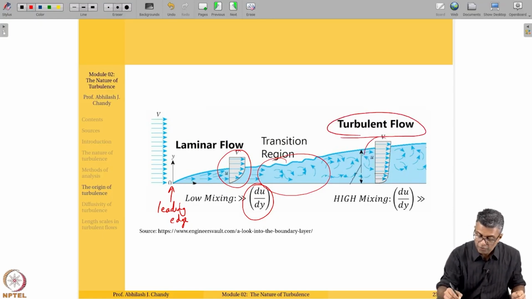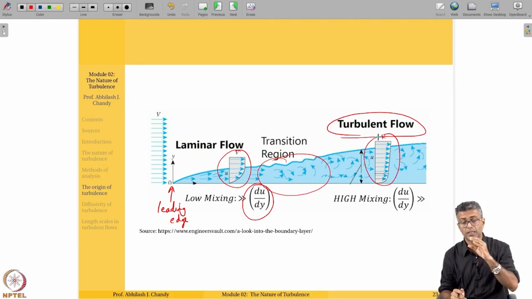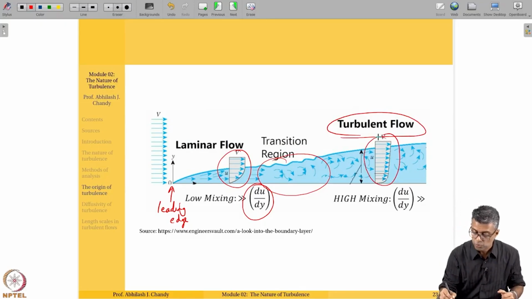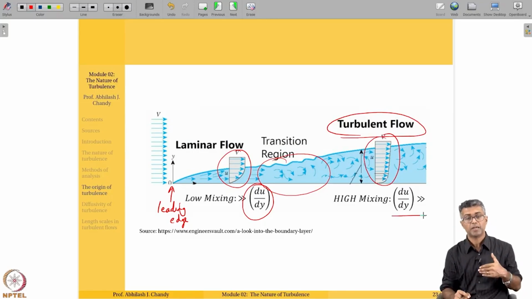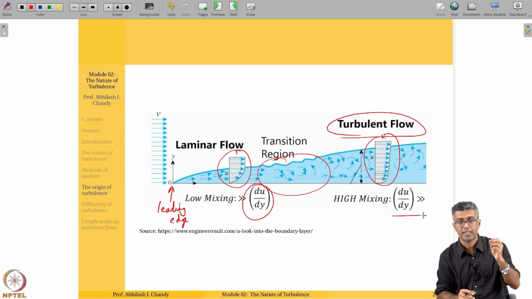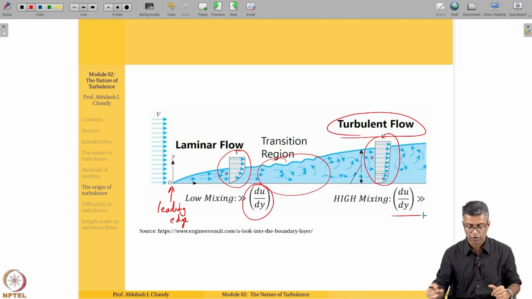And the profile in a turbulent flow looks like this. The turbulent flow is marked by very high mixing. The velocity gradients are high. So that is what I mean by du dy being much greater than 1. So that is how it starts, right? It starts from laminar flow, then the instabilities begin to happen, and those instabilities propagate depending on the Reynolds number, and eventually the flow transitions to turbulent flow. So this is sort of a figure illustrating that phenomena.